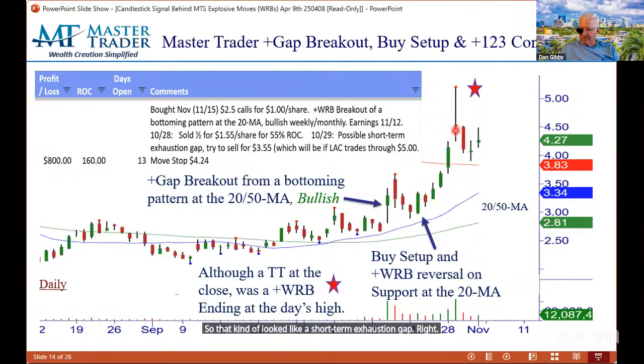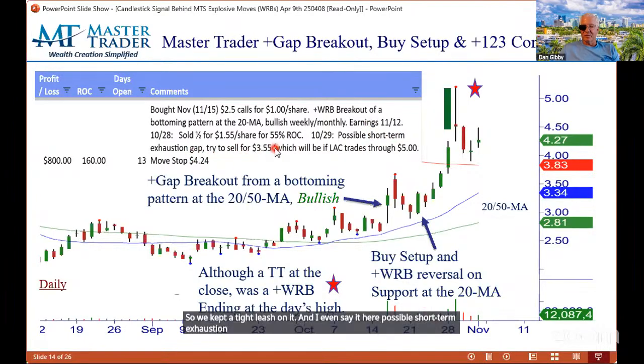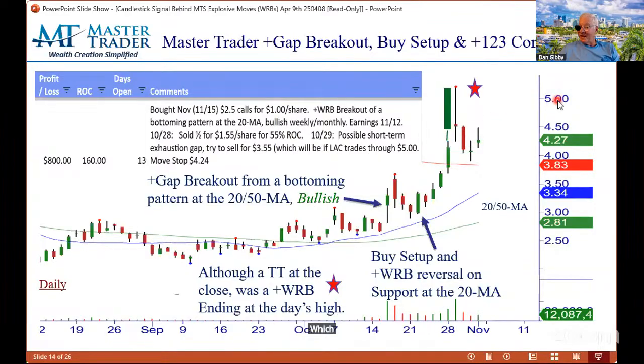Like it made a big move far from the 20. So we kept a tight leash on it, and I even say it here, possible short-term exhaustion gap, try to sell for $3.55, our call that we paid $1 for, which will be if it trades under 5.